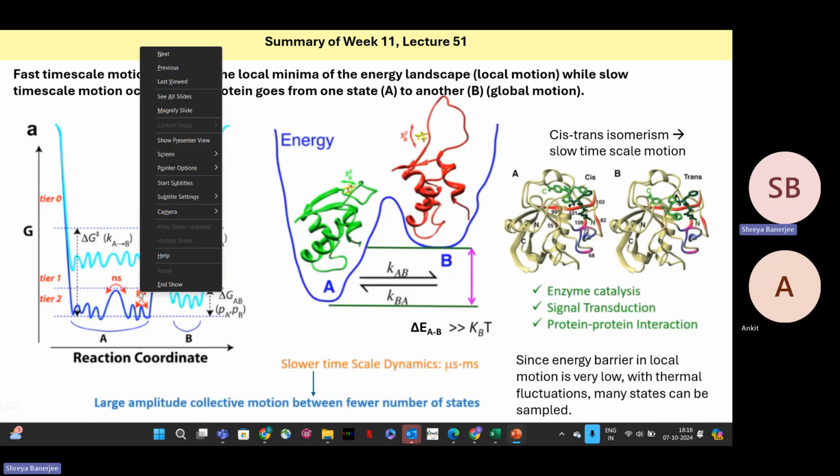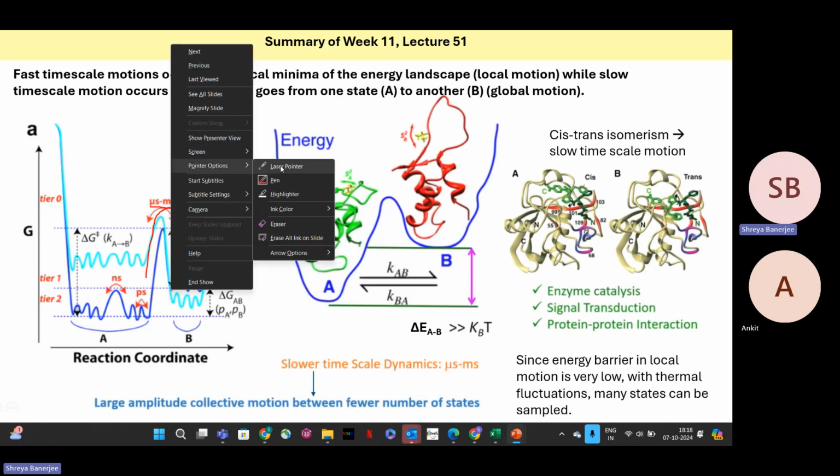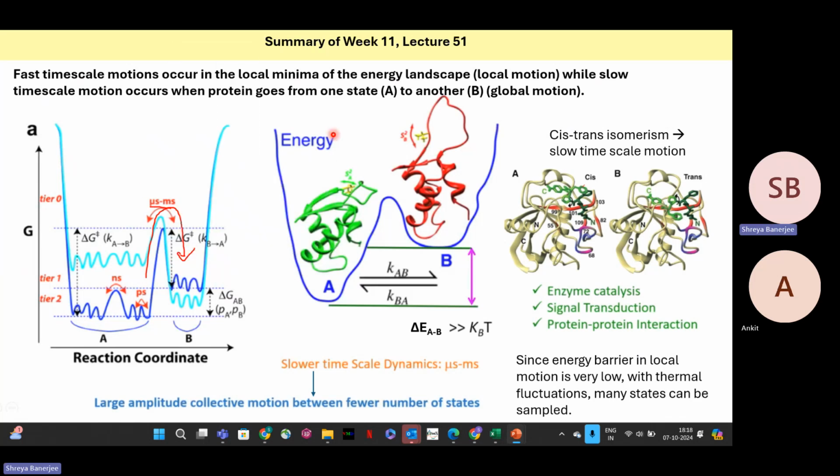But if the protein is going from state A to state B, this is a change in the entire conformation of the protein. So it requires a longer time scale, from microsecond to millisecond. You can see here protein going from one state to another state. It requires a much longer time scale, and it is dependent on the energy difference between the two states of the protein.